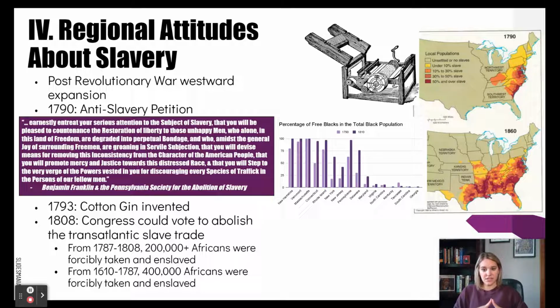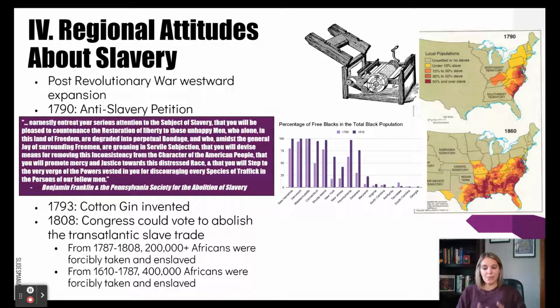Another major thing that affects slavery at this time is that in the writing of the Constitution, Congress did not make any laws regarding the abolition of slavery, and instead they allowed for the importation of slaves to continue until 1807. And so in 1808, Congress did abolish the transatlantic slave trade.